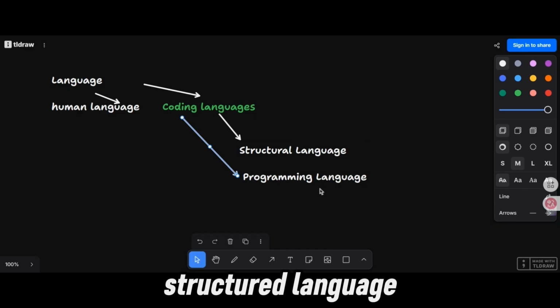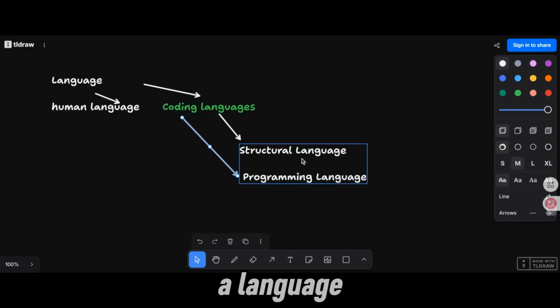A structured language is essentially a language that provides structure to a web page. What do you mean by that? It's actually just the skeleton of a web page. A web page is a text document that you can see on your browser. Browser may be Google, Edge, Firefox, or any other browser that you use. So the structured language essentially provides structure to a web page.